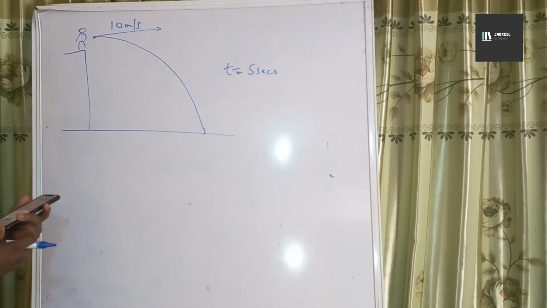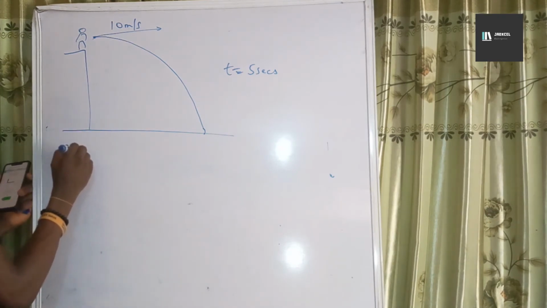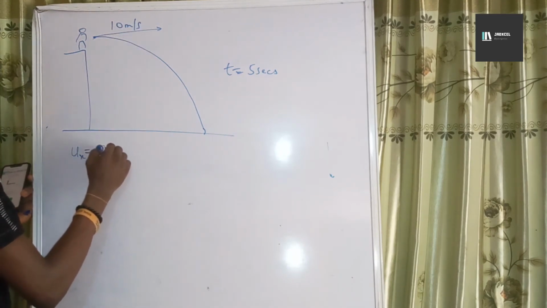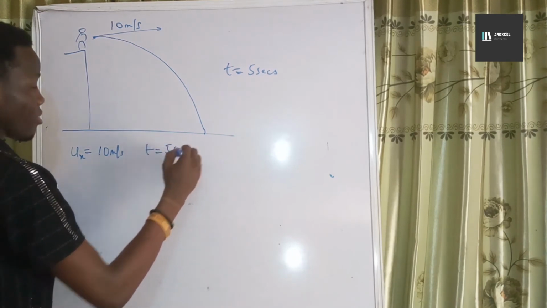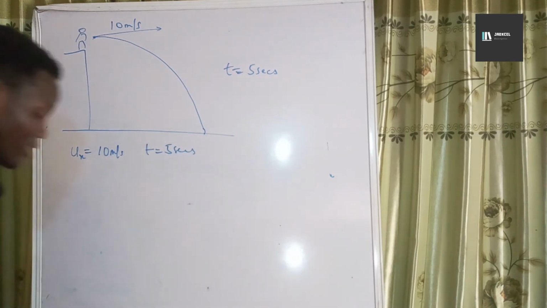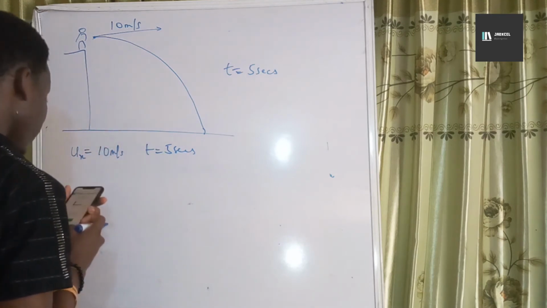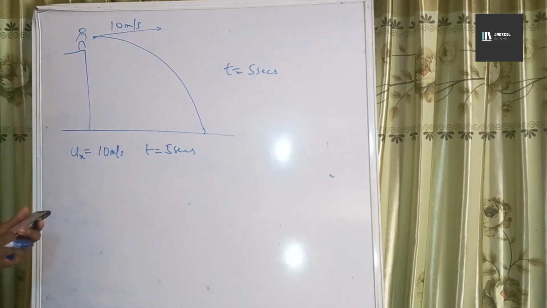First thing first, for our ux, we're given a horizontal velocity. That's our initial velocity, and the time is 5 seconds. They said we should give them the height.